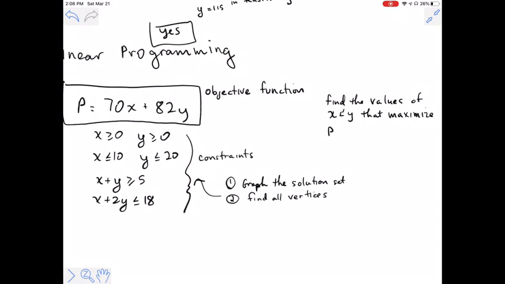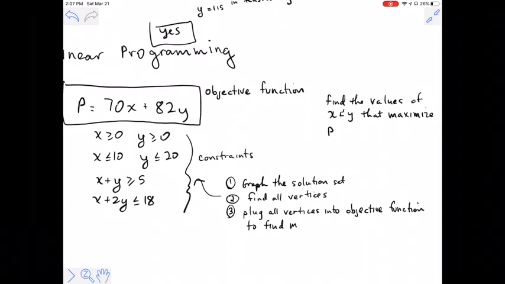Find all the vertices. And then the third thing is plug all vertices into the objective function to find the max, in this case max, because they're asking us to maximize.